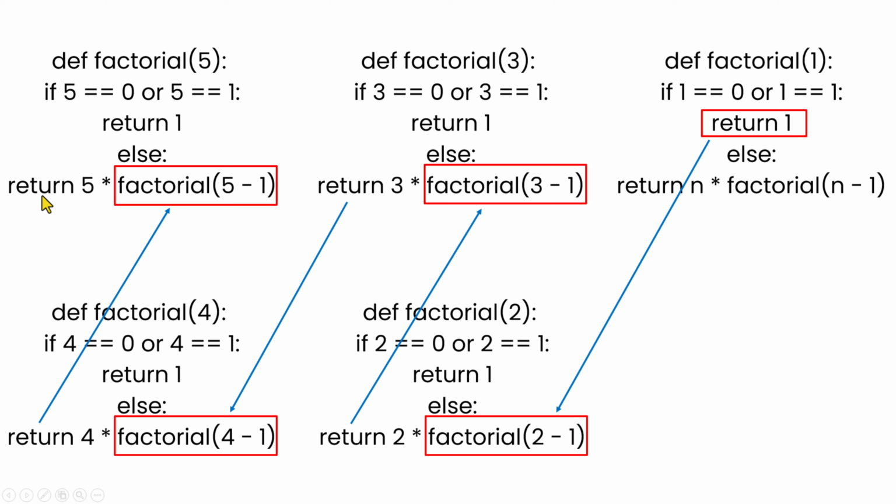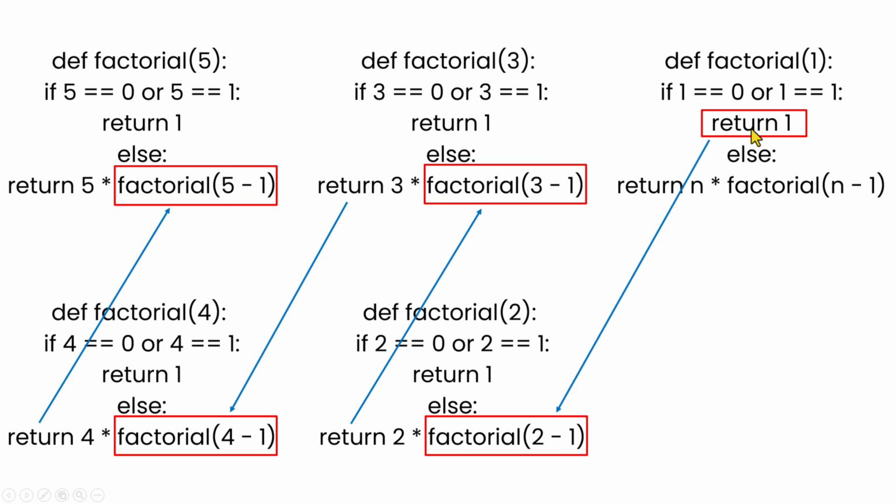So this is what happens when we call the function. The function inside the function keeps getting called until it reaches our base case. This is why the base case is important. This is our ending point.